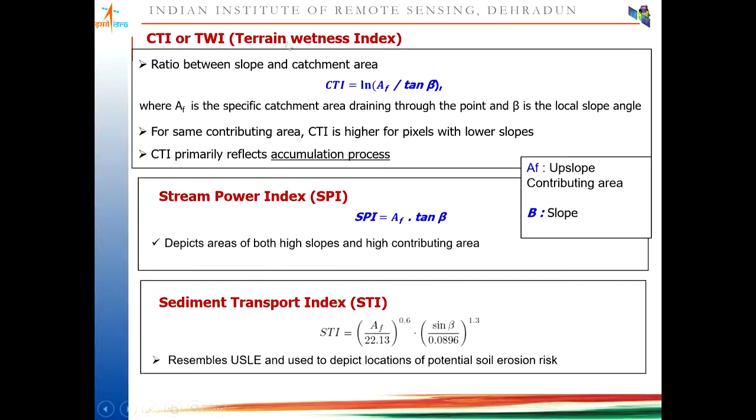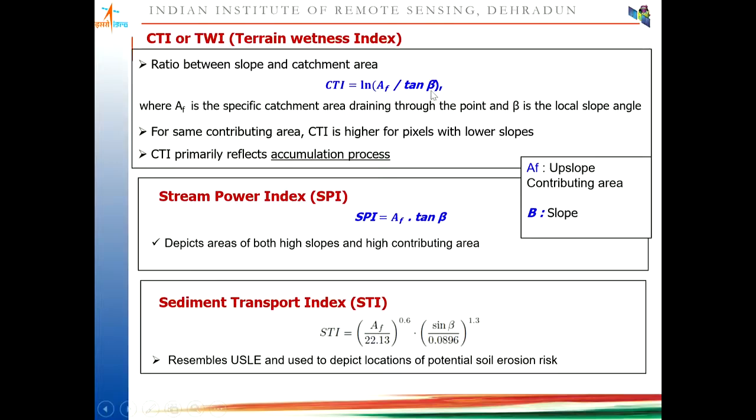So what formula are we using in this calculation? Suppose this is the CTI, or we also call it the terrain wetness index. It is the natural logarithm of AF divided by tan beta. What is AF? AF is the upslope contributing area, meaning the flow accumulation area, and beta is the slope.